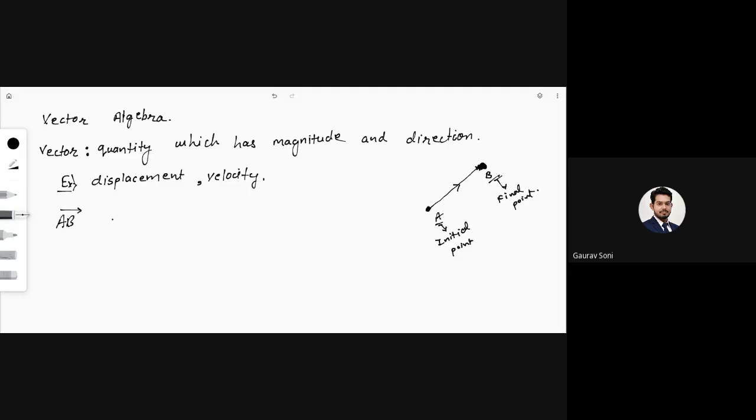So magnitude of the vector is given by modulus of AB bar. So scale of the vector is initial point and its final point.